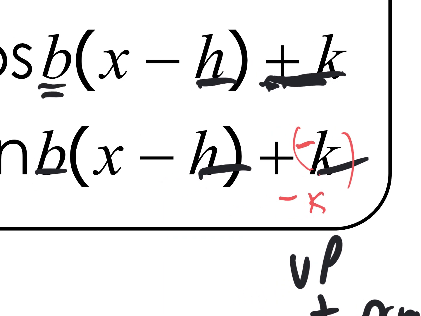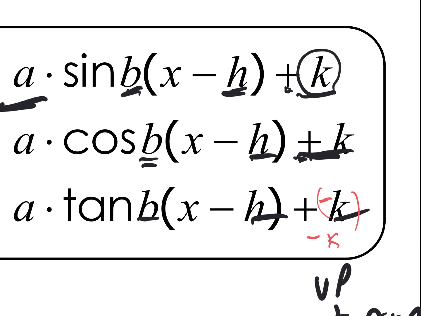And then the H, there's always a minus in front. But if H is negative, it would look like this: minus a negative H. If H was negative, you would have two minuses, which turn into a what? So when you see plus H, then you know it was actually going to the left. Isn't that negative? Nope.